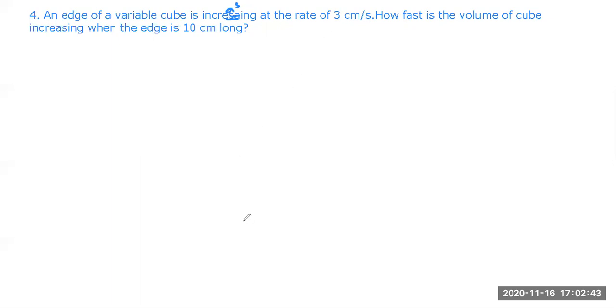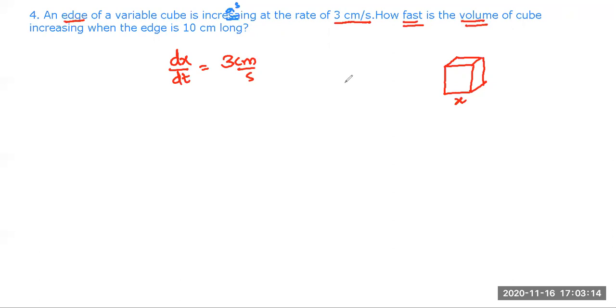Again, look at what is given: 3 centimeters per second, and it is the edge. Assuming the edge is some x, dx by dt is given as 3 centimeters per second. The moment we say how fast, and volume. I will come back to increasing and decreasing later. Increasing means positive and decreasing means negative, that's all.